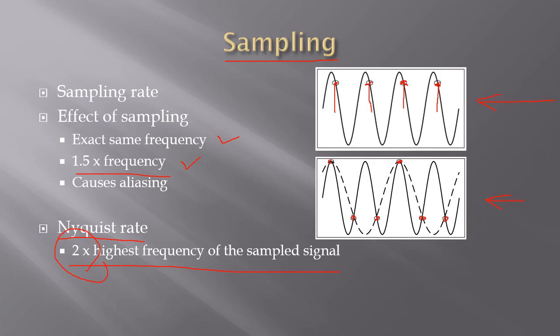So in this case, if the frequency is 10 Hz, then we have to sample higher than 20 Hz. Why? Because if we sample only at 20 Hz, we could end up with this signal, which is just a straight signal. So it has to be at least twice, so more than twice.